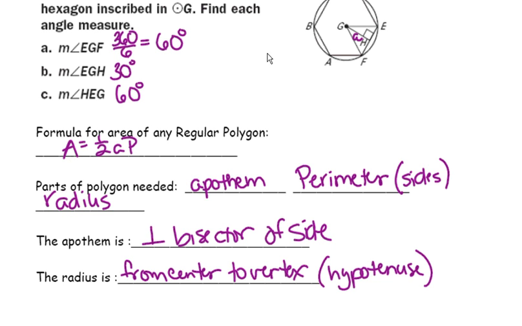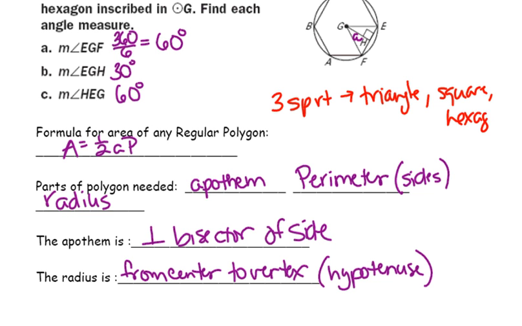Now this formula that we've been talking about, we talked about it before in reference to 3 specific polygons that had special right triangles inside of them: a triangle, a square, and a hexagon.